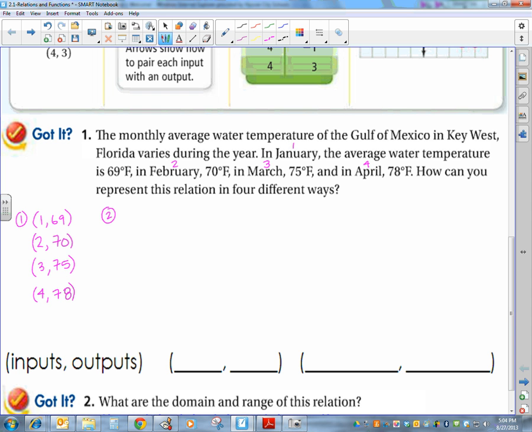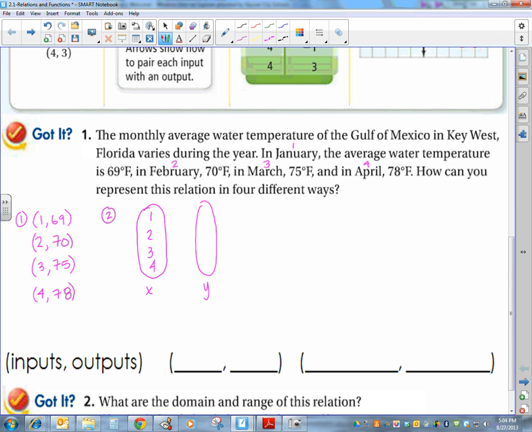The second one was a mapping. When you have a mapping, you write all of your x coordinate inputs. So I would have 1, 2, 3, 4, and then I have my outputs. And what are my temperatures?